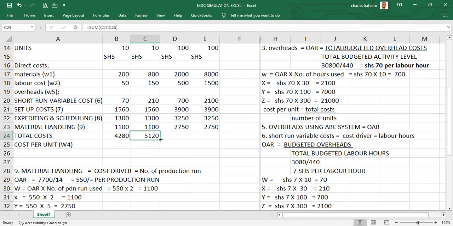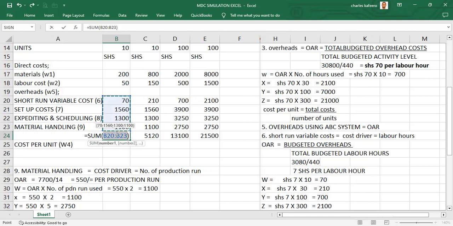So those are the costs that we got. This one we have to add even these ones.